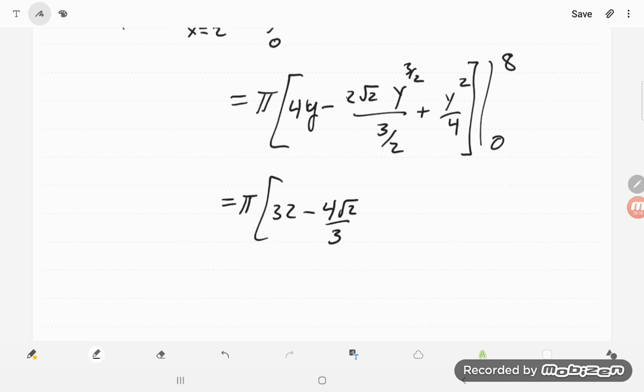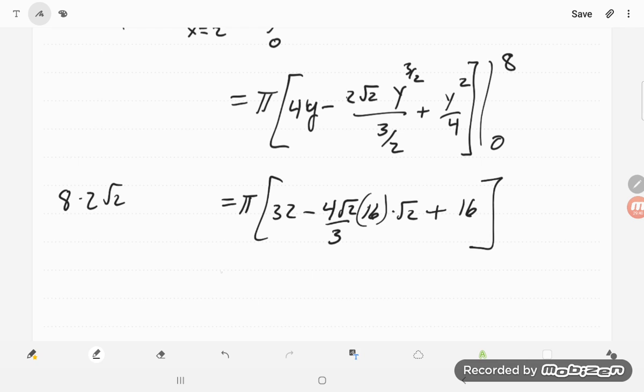That's 8 times 8, so we get an 8 when we take that square root, and then times another 2 and the square root of 2, so that was 16 times the square root of 2, and then plus 64 over 4, which is 16.